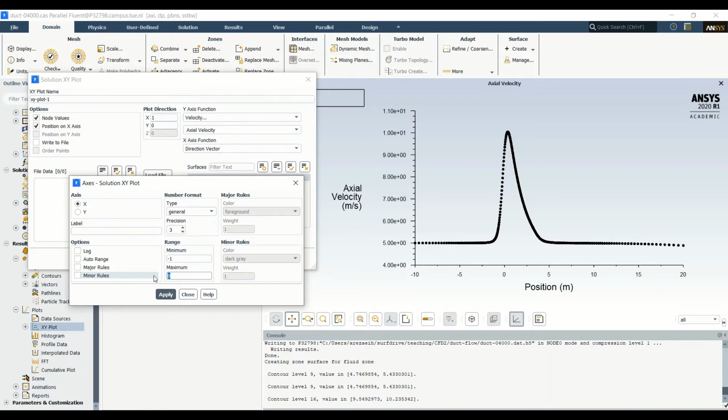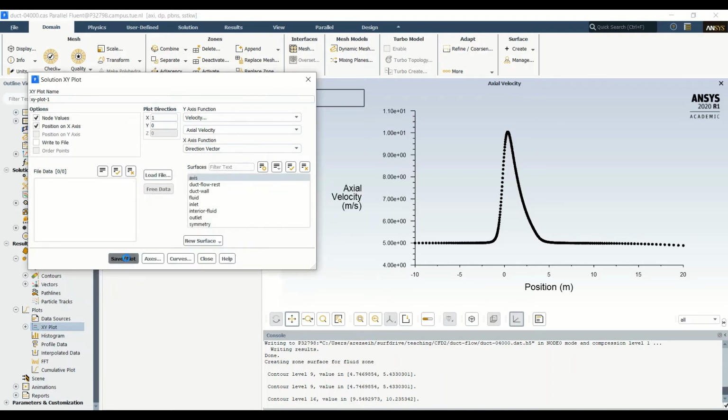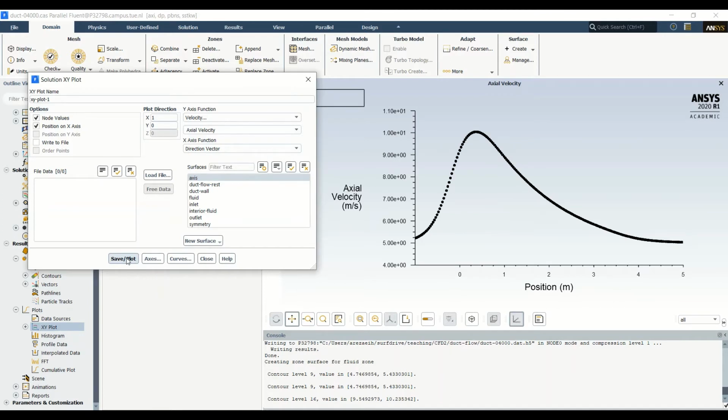So I think if we put minus 1 to 5, we will be in the region where the duct is located.